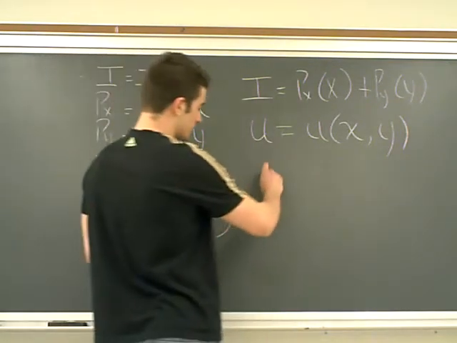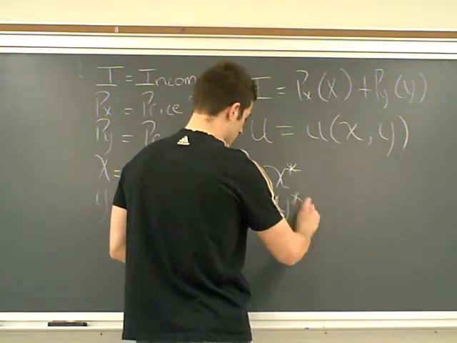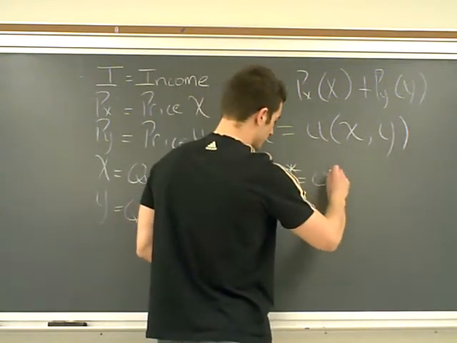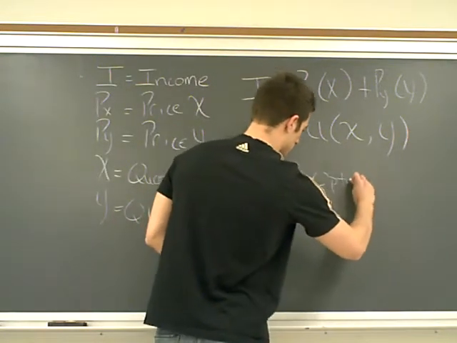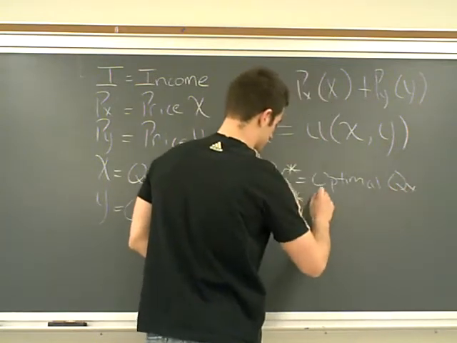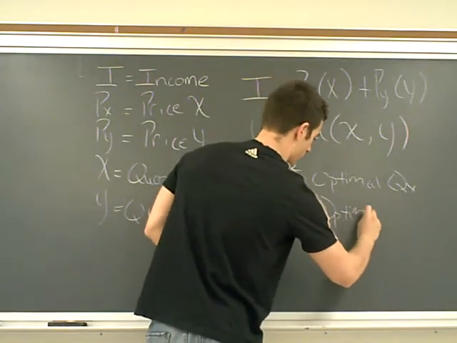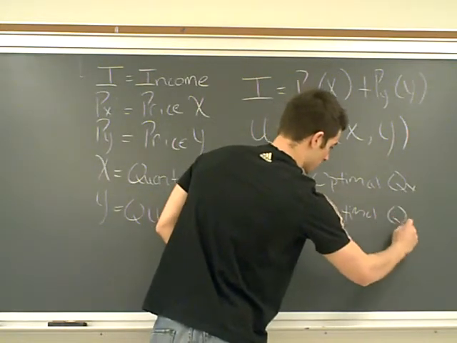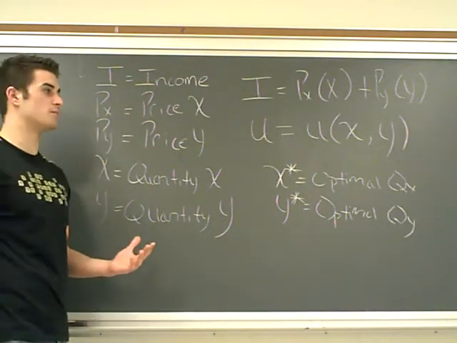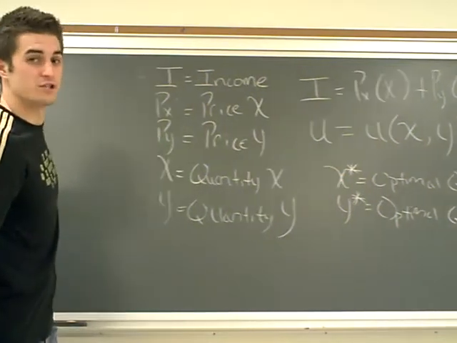Also, later we'll get into x star and y star when we're looking at our answer, and this is the optimal quantity of x and the optimal quantity of y. So let's do an example problem to help you get how to solve these consumer optimization problems.